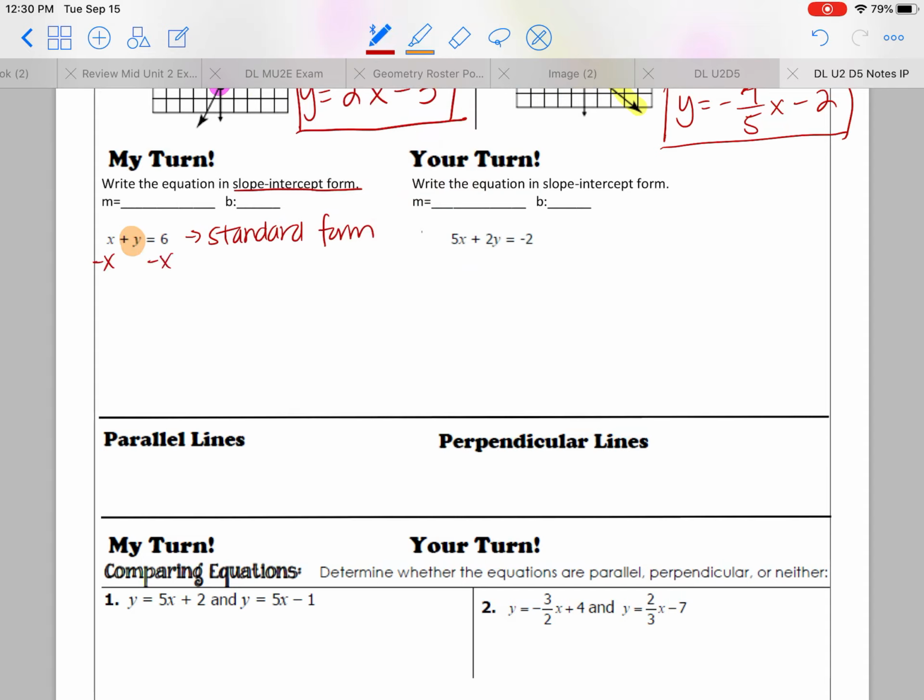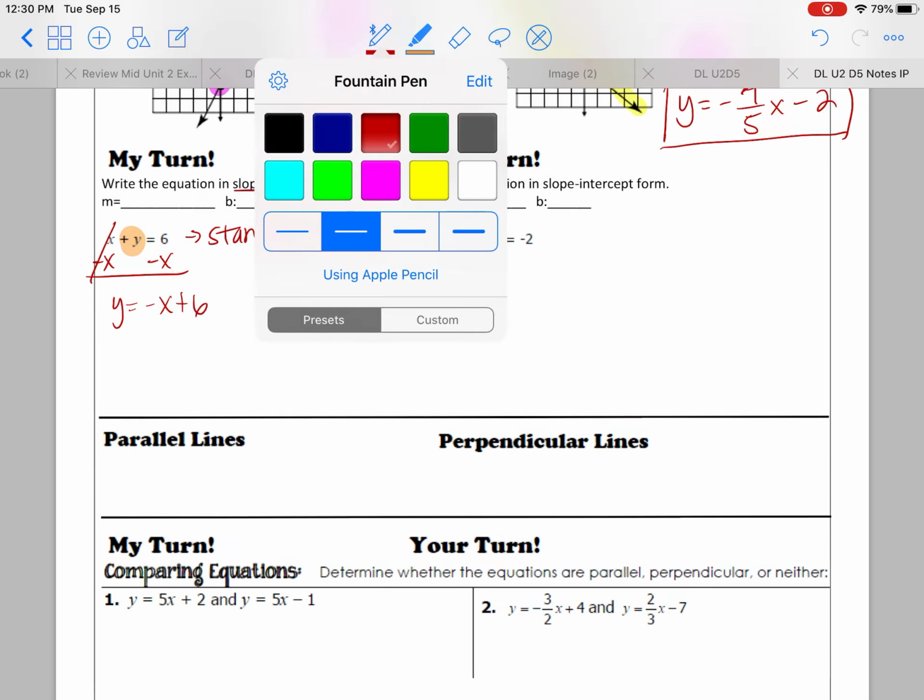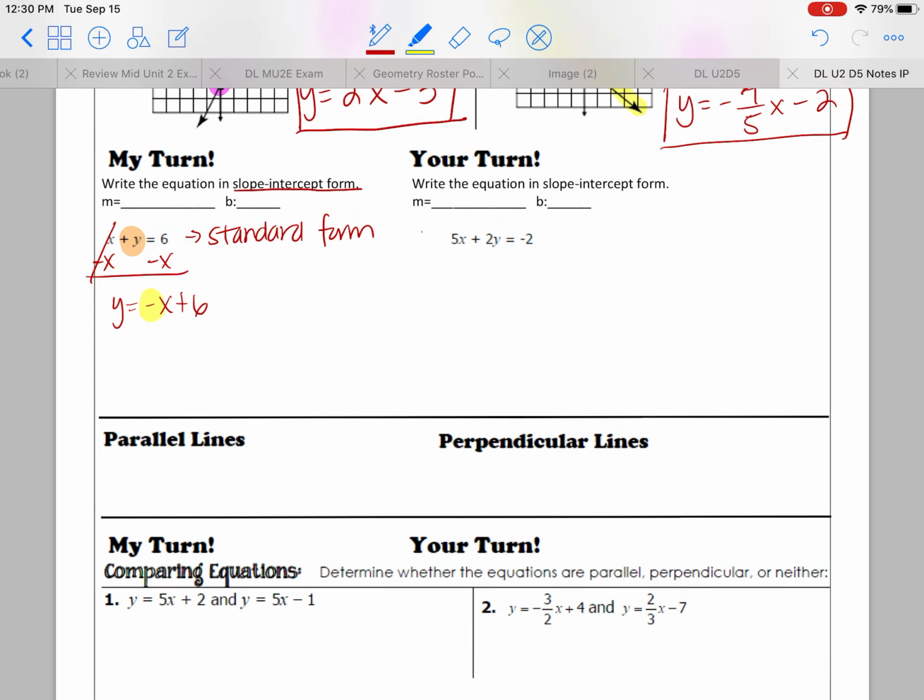So minus x. This will cancel the x terms, and we get y equals negative x plus 6. I'm done. Right? So now we're going to identify our slope, which is the coefficient of x. And notice there's just a negative, but you know that there's an imaginary 1 there. So my slope is negative 1. And my y-intercept here will be 6.